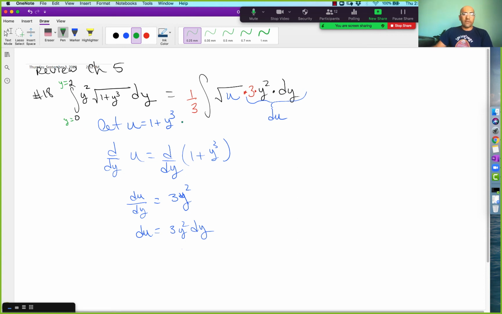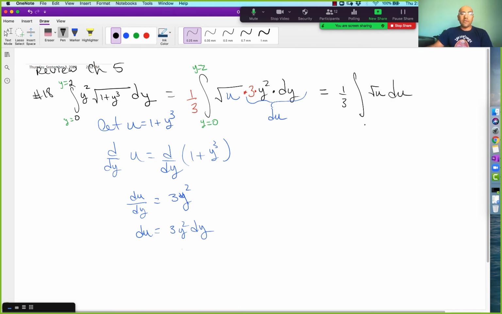So if I don't do anything, I can just continue to say that this is a limit y and a limit y, right? Okay, so I'm going to go ahead and simplify this a little bit, since all of this is now my du. And so this is going to be equal to 1/3 integral of root u du, right?